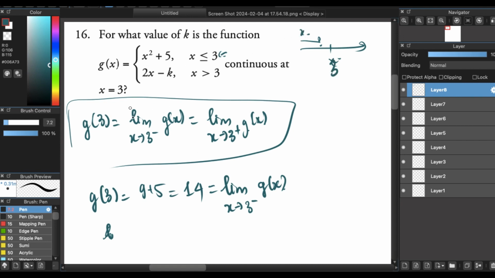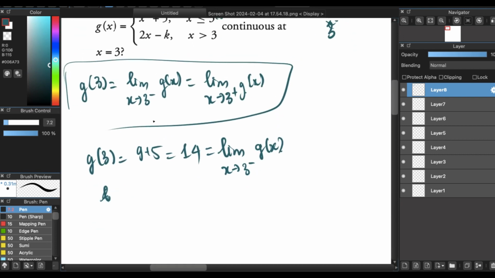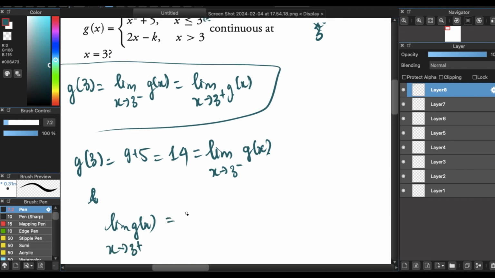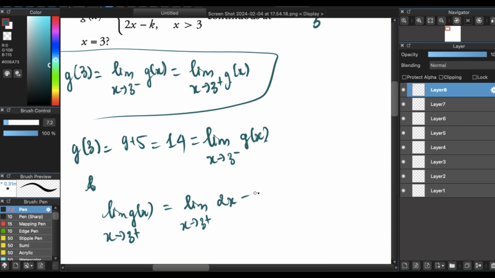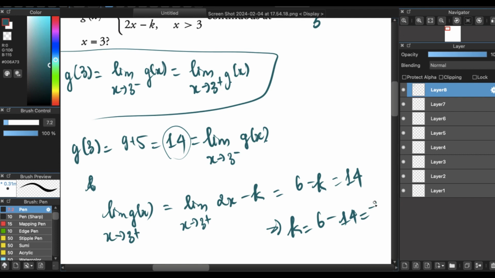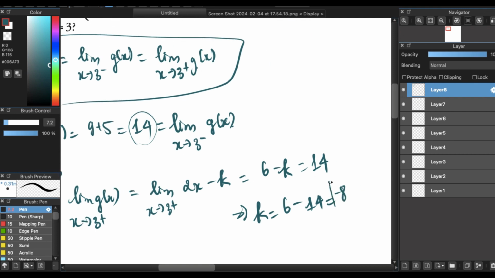And we have the limit of g(x) as x approaches 3 on the other side, when it's larger than 3, of 2x minus k. Substituting 3 for x, we have 6 minus k, and we have to make it equal to 14. So k is going to be 6 minus 14, which is minus 8, and this is the value that we're looking for.